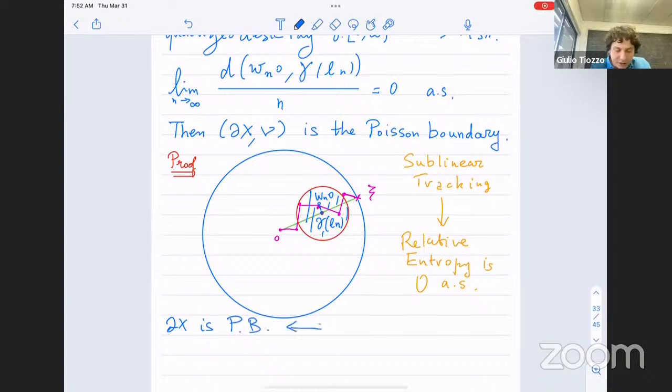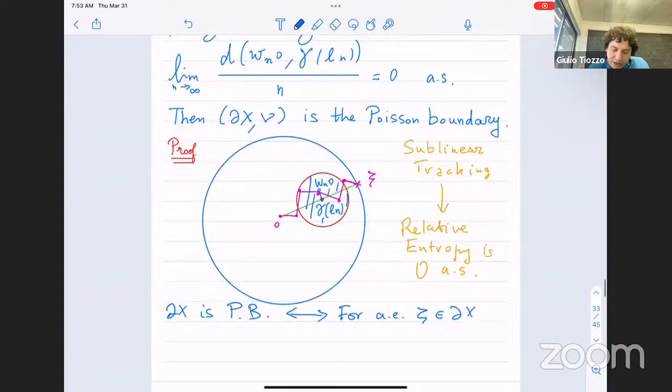This is equivalent to saying that for almost every boundary point psi, if you consider the entropy, let's say h infinity, of the conditional measure, so you condition the random walk, let's call it P psi.